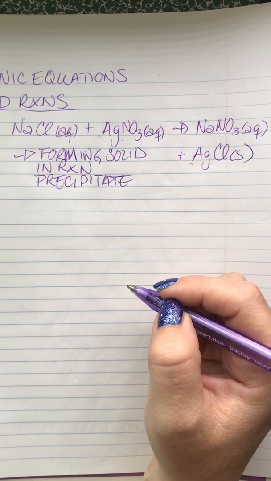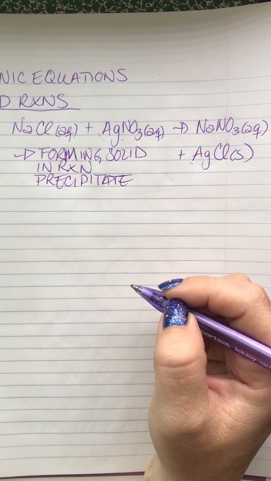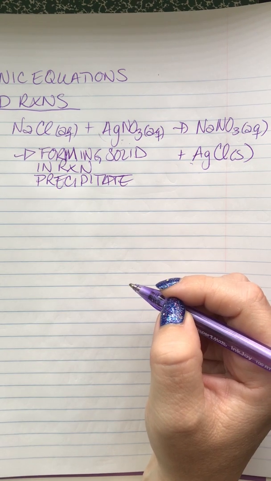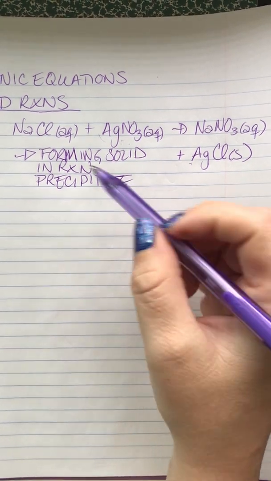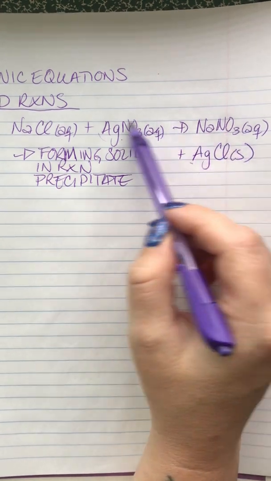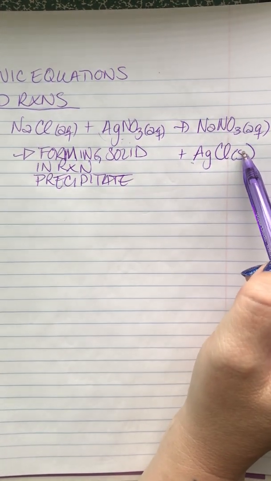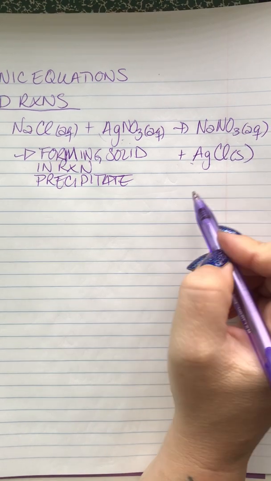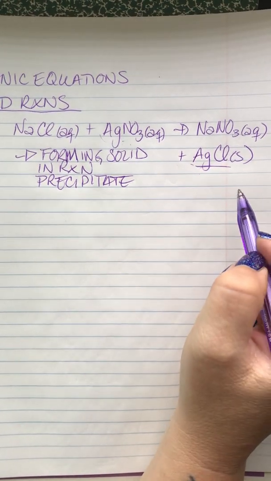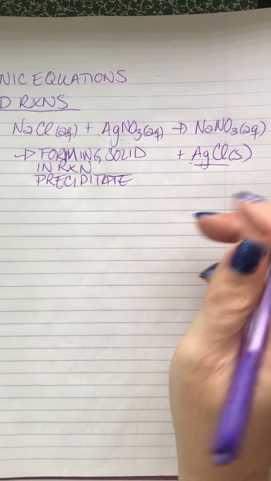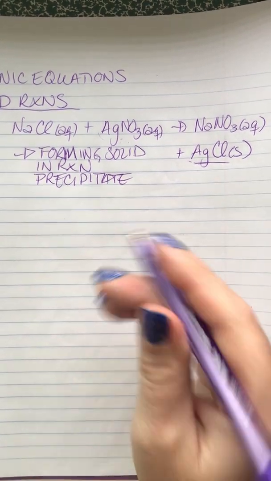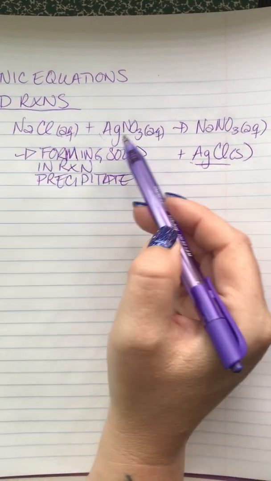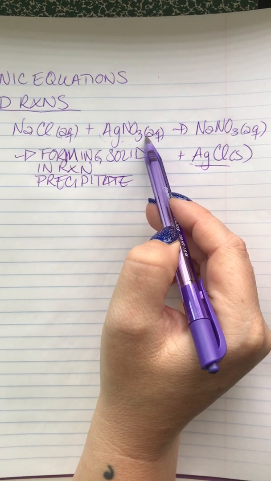So one of the things that we want to do a lot of the times with these double displacement reactions is there's a lot going on in this reaction, but not all of this information is really relevant to the solid that we made, right? So what do I mean by that? I got sodium chloride and silver nitrate, right?